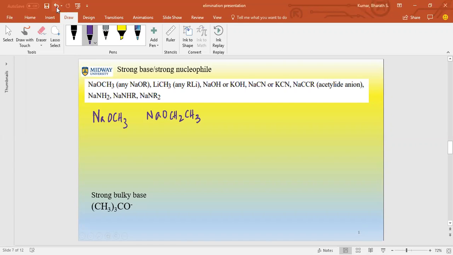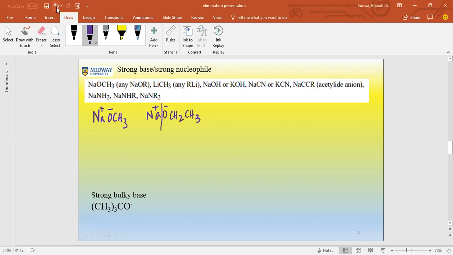The fact that the sodium is there makes it a powerful oxide, which is a strong base. So this will be positive, this whole thing will be negative. Similarly, this is positive and this whole thing is negative.